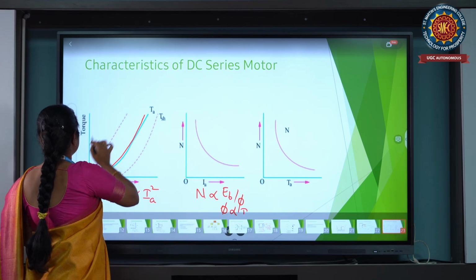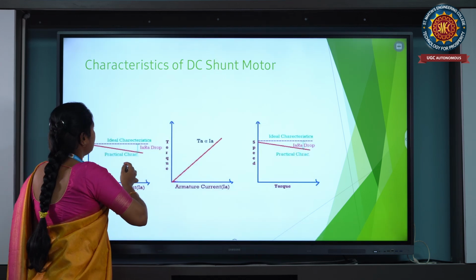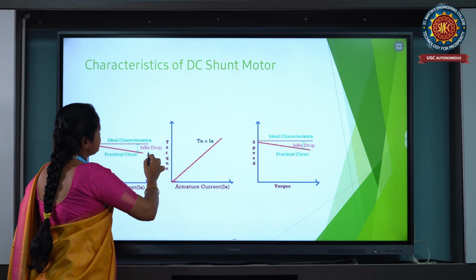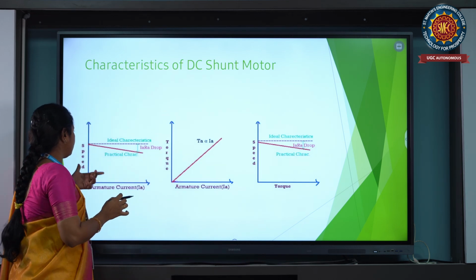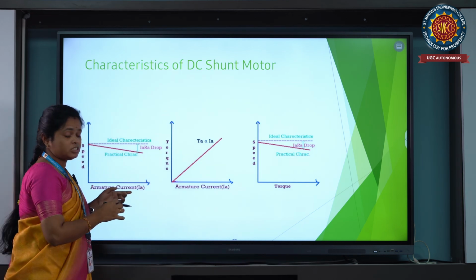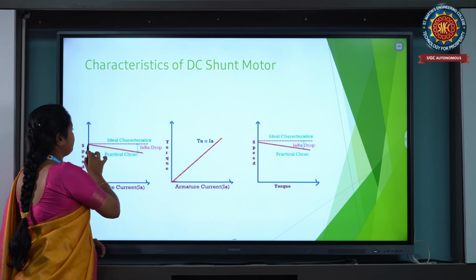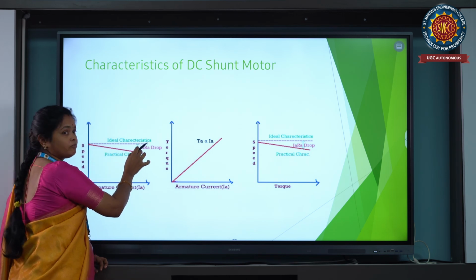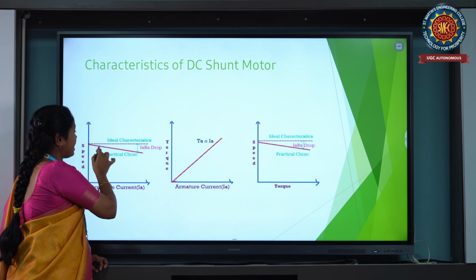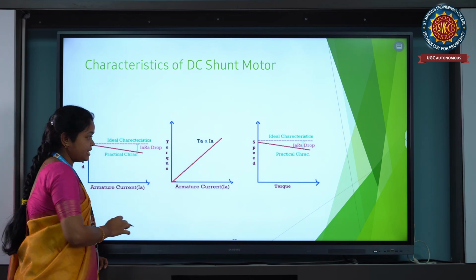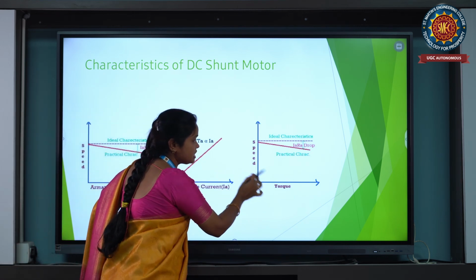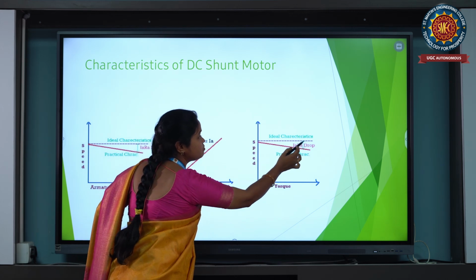And next one is the shunt motor. In shunt motor characteristics, it is called a constant speed motor. First we are taking the ideal condition, so there is only a small change in speed; speed versus torque is the same, with a small change here.